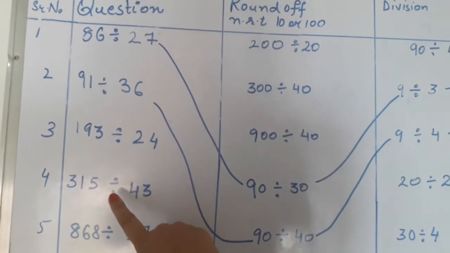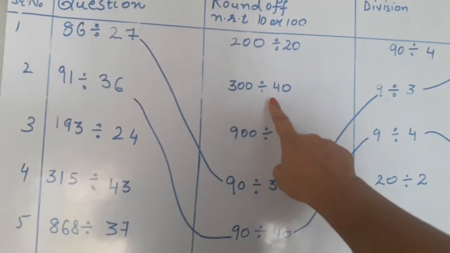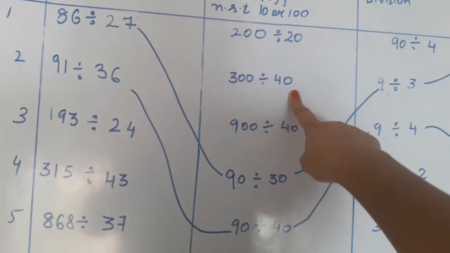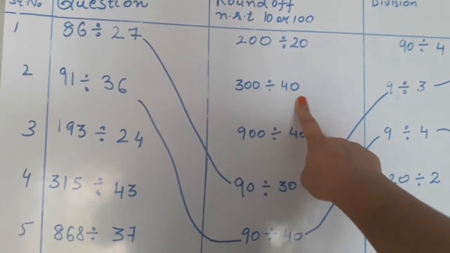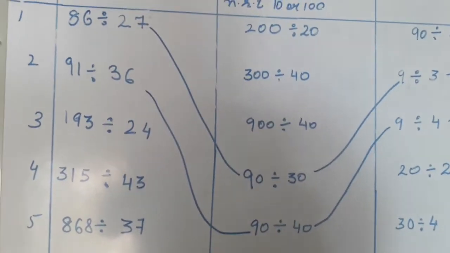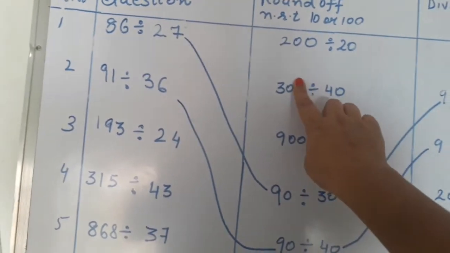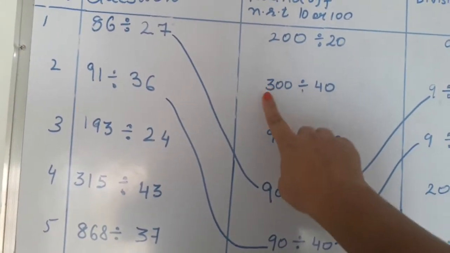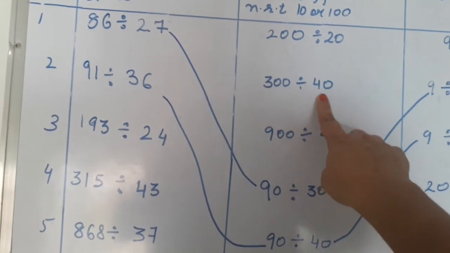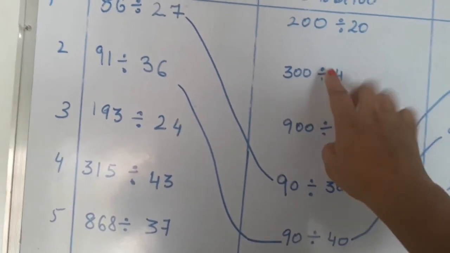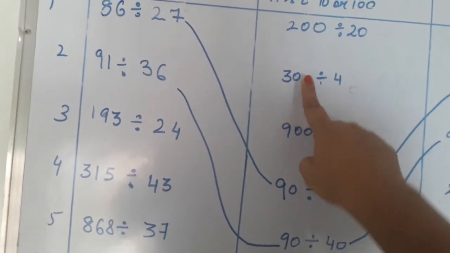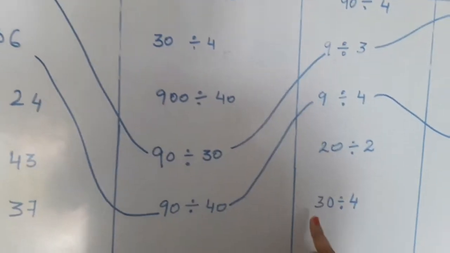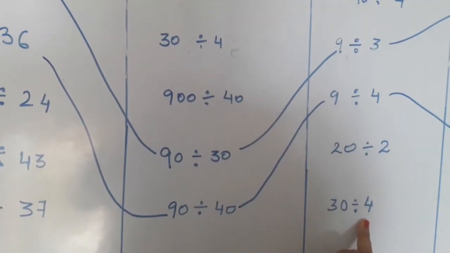So my number becomes 300 divided by 40. 300 divided by 40. Okay, now this 1 0 cuts with 1 0 and we will be left only with 30 divided by 4. This 1 0 cuts with this 0, so we will be left with 30 divided by 4.